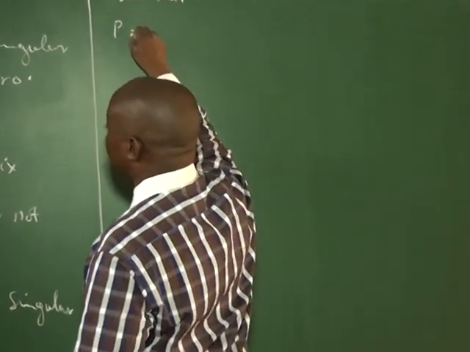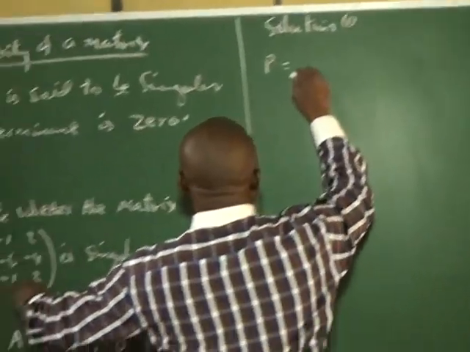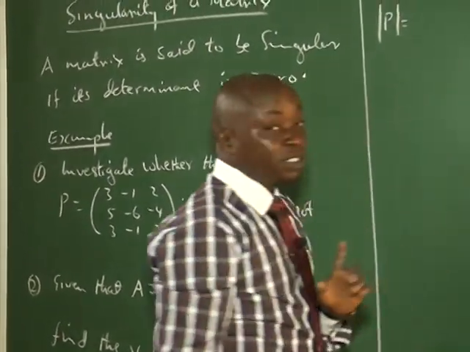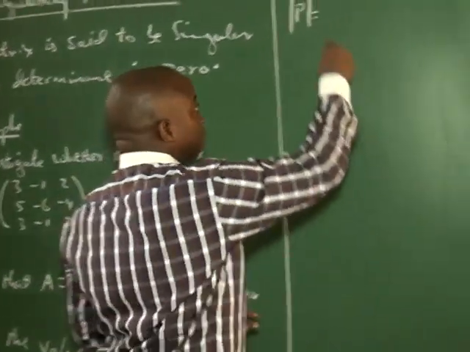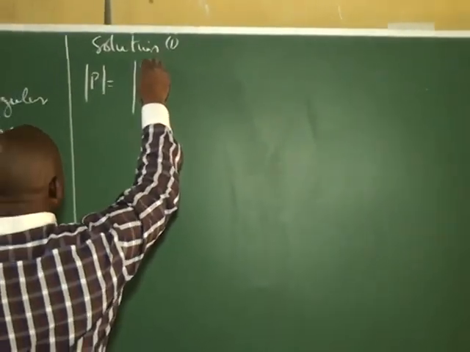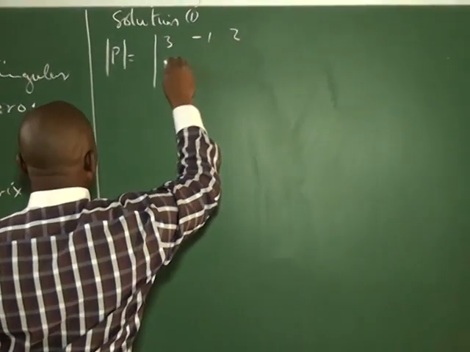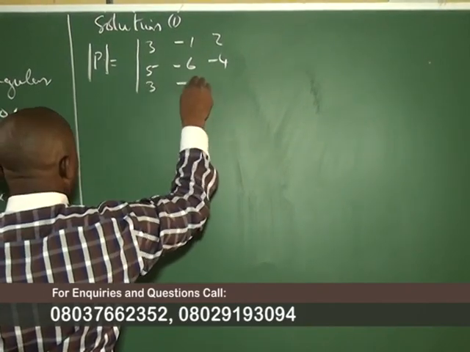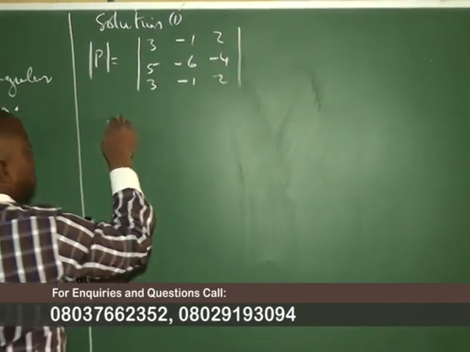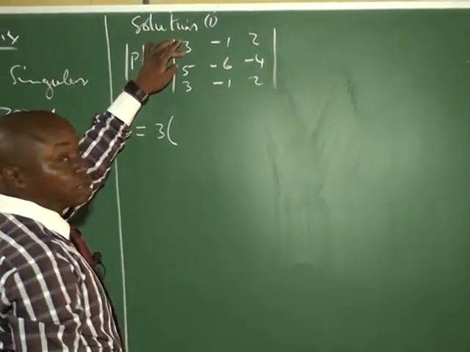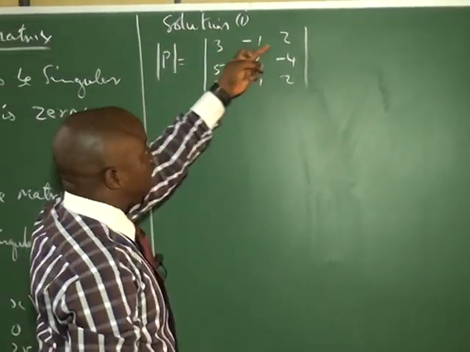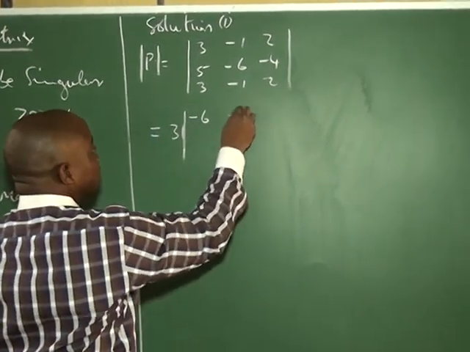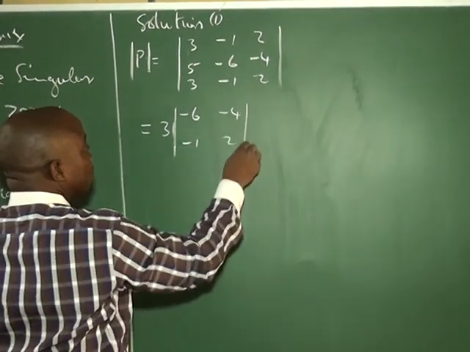First one, we have that P equal this. We want to investigate whether P is singular. If P is singular, its determinant will be 0. Let's check that. We pick the first element, 3, and ignore its row and column, so we have minus 6, minus 4, minus 1, 2.